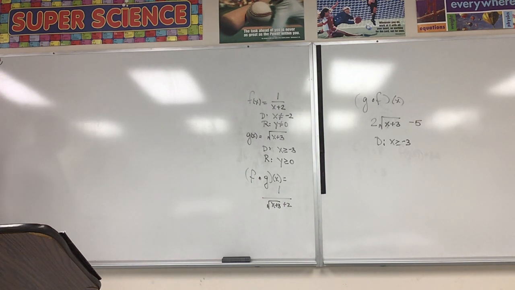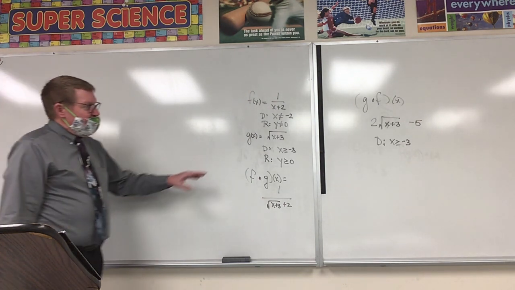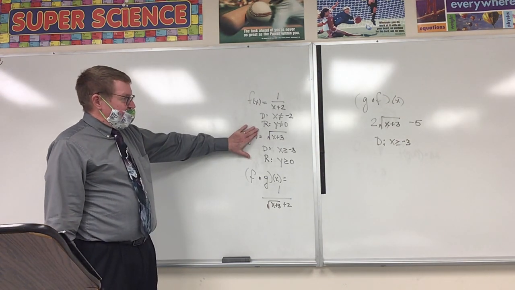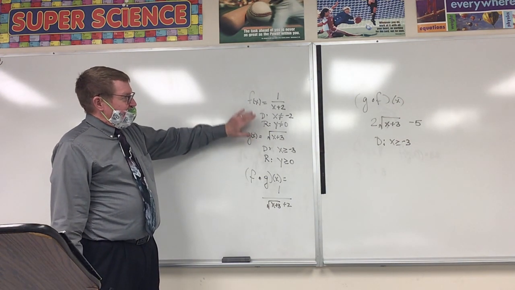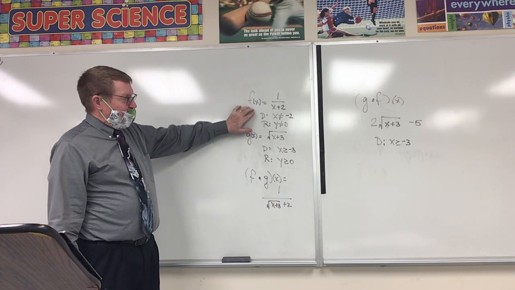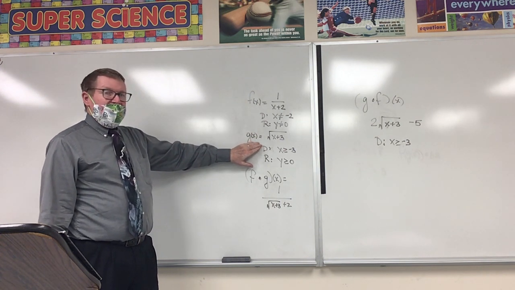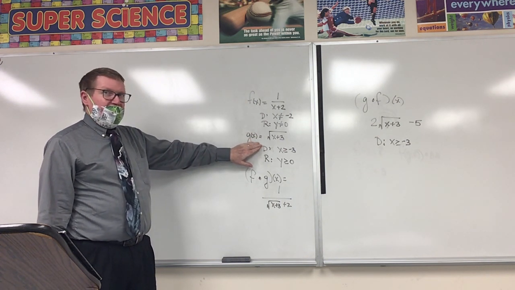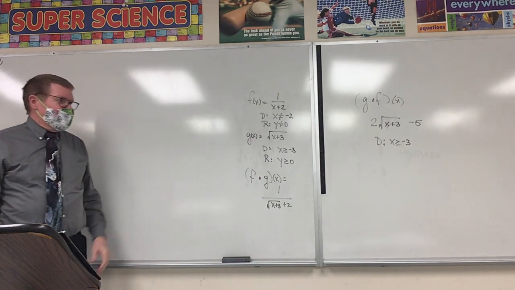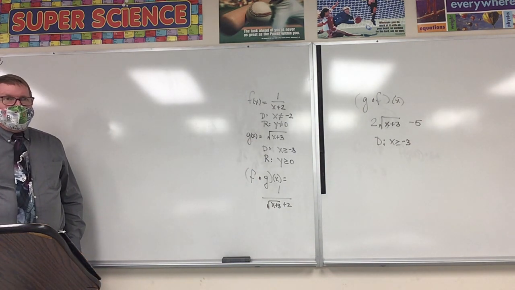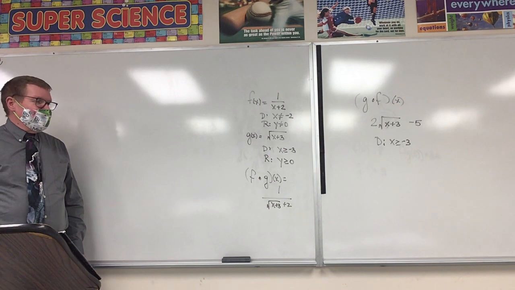So I'm taking this and placing it into the F. My domain is greater than or equal to -3. What result do I get? Anything bigger than 0.